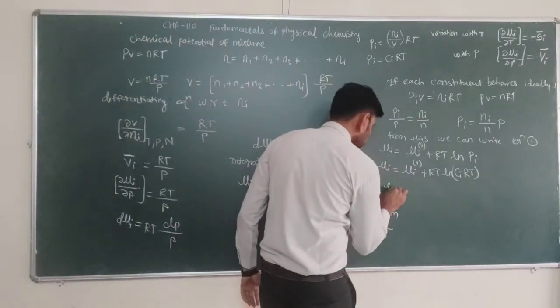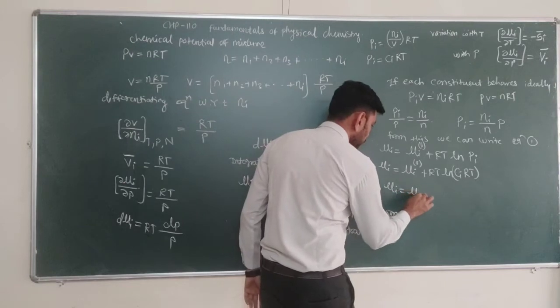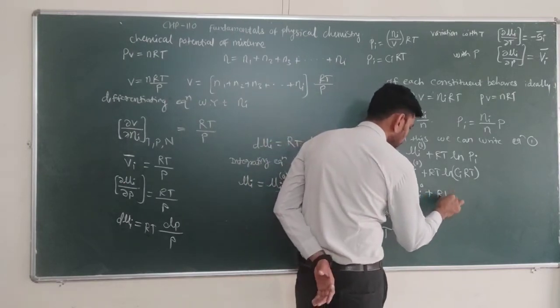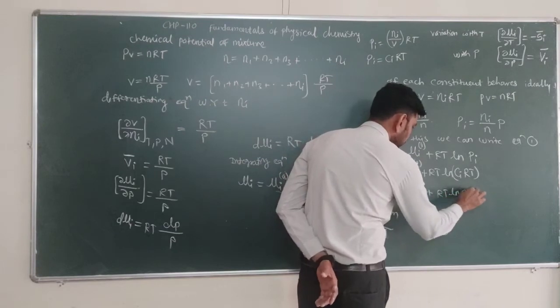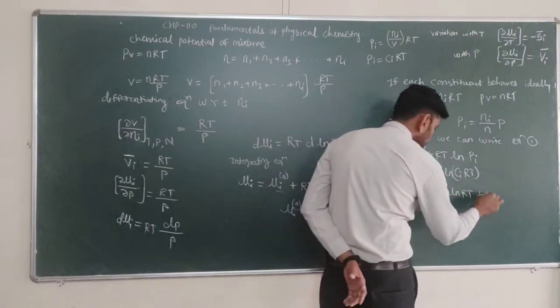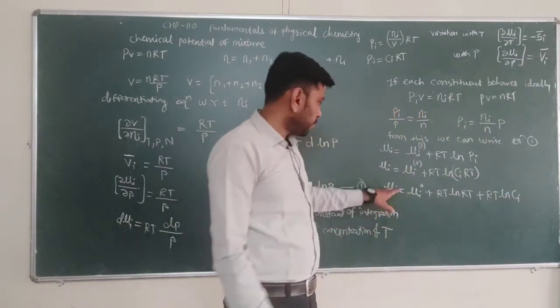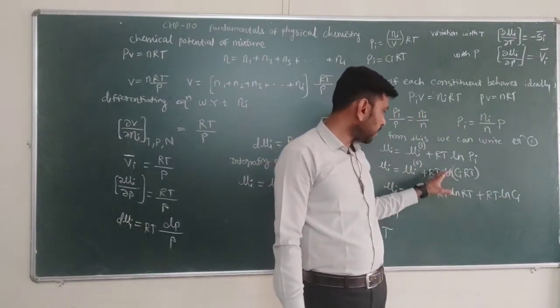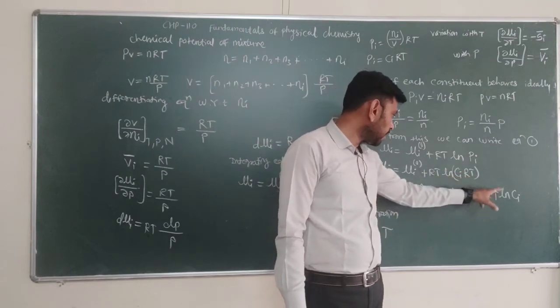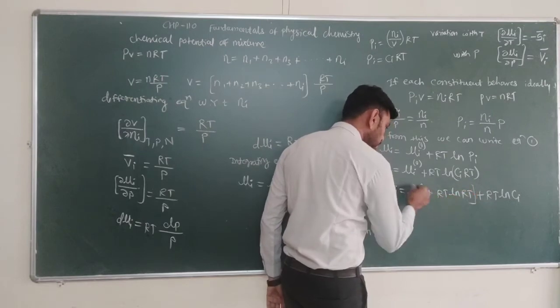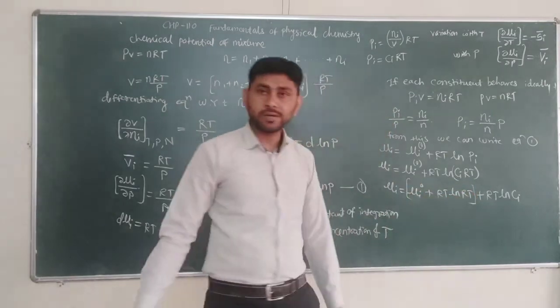Now look at this, mu I equal to mu I0 plus RT ln RT. We separate these variables: mu I0 plus RT ln RT plus RT ln Ci. Now temperature is constant, R is the gas constant, and mu I0 is a constant of integration.